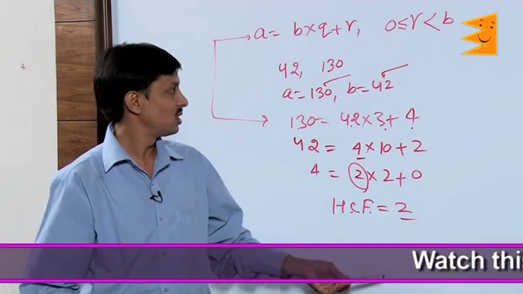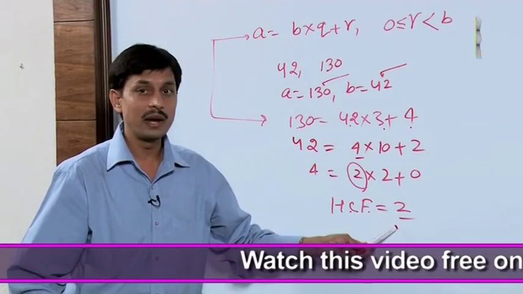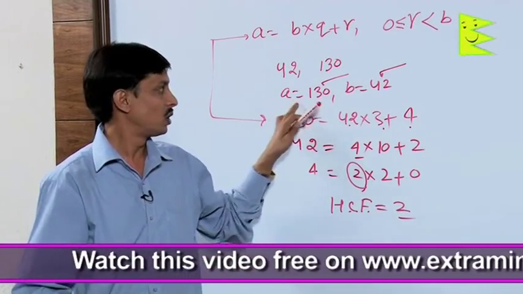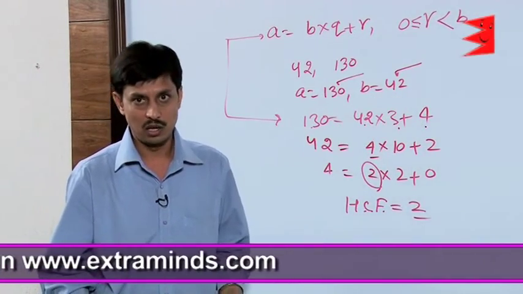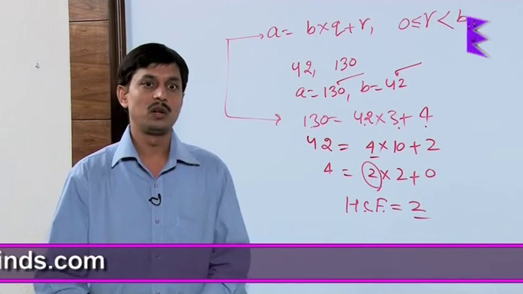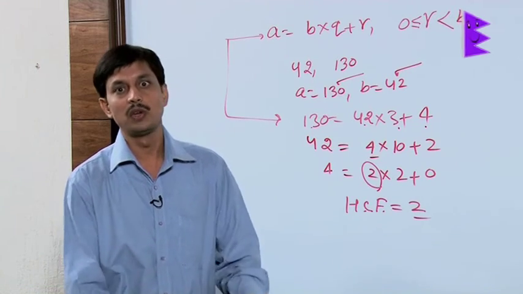In this question, 130 and 42 divided by 2 give 65 and 21, which are relatively prime, hence proved that 2 is the HCF of the given numbers.